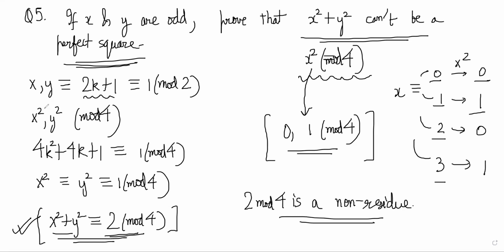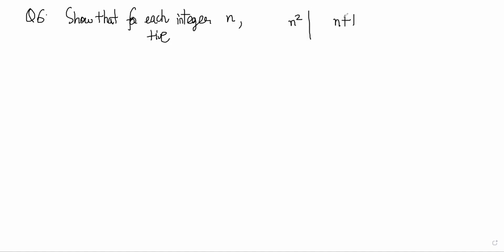Okay, the next problem is this one. Show that for each positive integer n, n square divides n plus 1 power n minus 1, right? Again, we'll do binomial theorem.